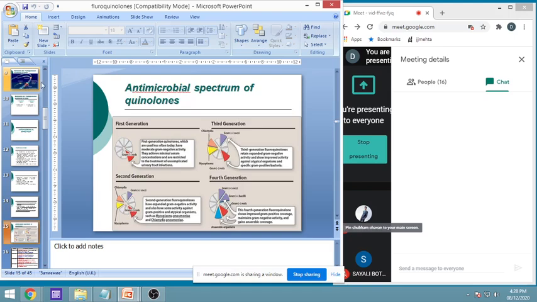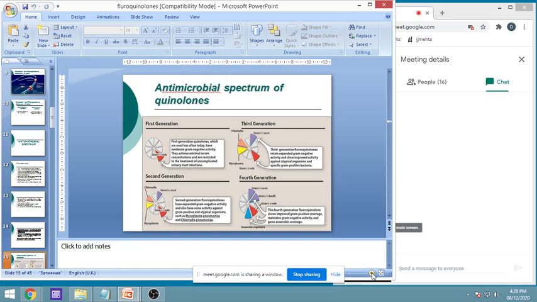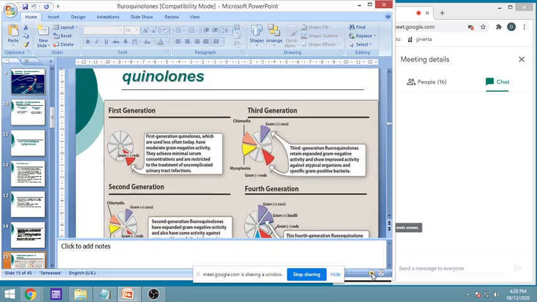So let us see how we can compare their spectrums in various groups. First generation drugs are nowadays not used because only two remain, and one of them has adverse effects.